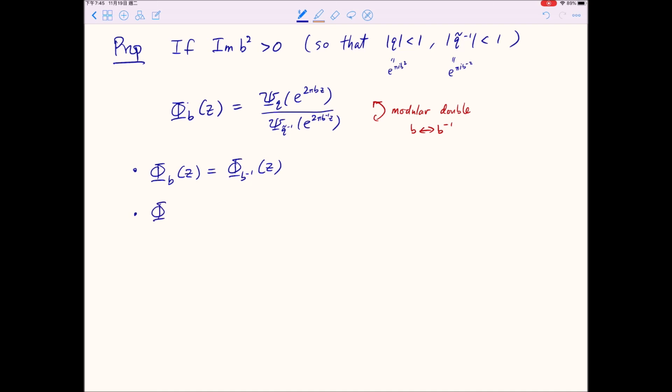It also satisfies a version of the gamma function, as I mentioned before. If you rescale C to the complex axis, it looks like the gamma function, but there's more because it is actually doubly periodic because of the b and b inverse duality.